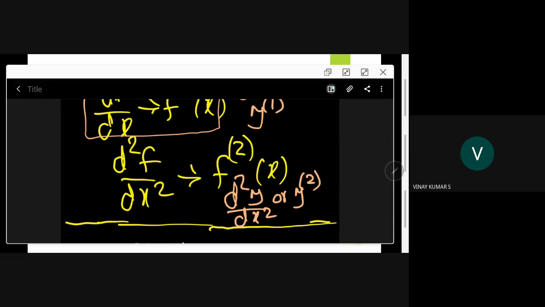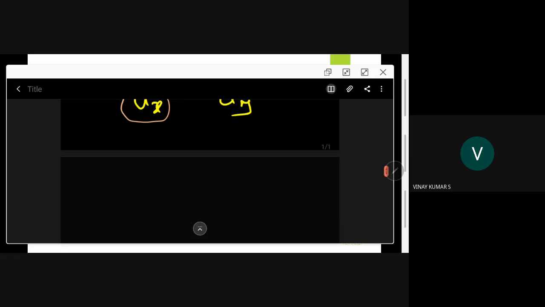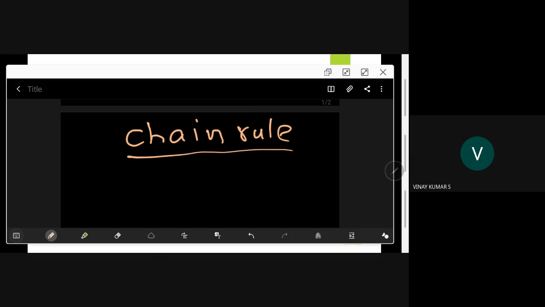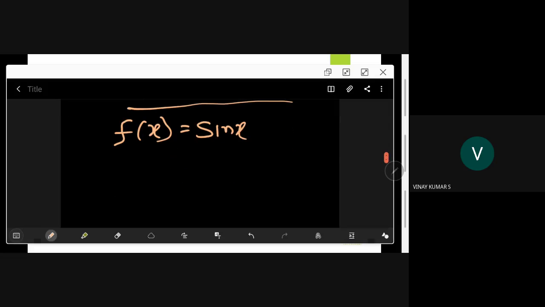So when we talk about this chain rule, we are talking at the beginning about chain rule for one variable. So see here, we have something like f of x is, say, sin x, and g of x is, say, e power x.